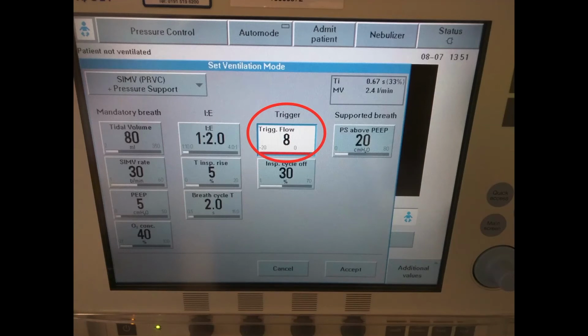So what are those things that could make the ventilator think the patient's trying to trigger a breath? They can be water in the circuit, cardiac oscillations are the other thing that will do it. But by far the most common thing to do it is a leak around the endotracheal tube.